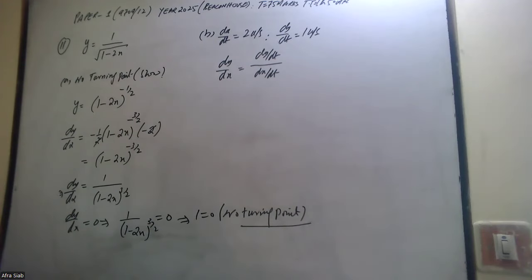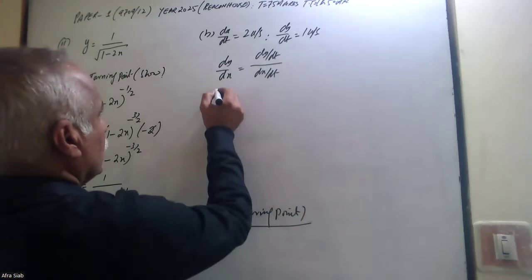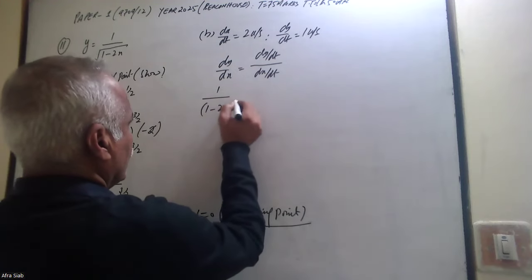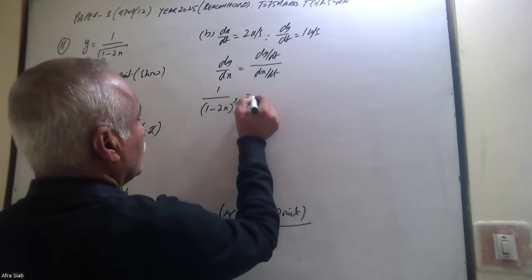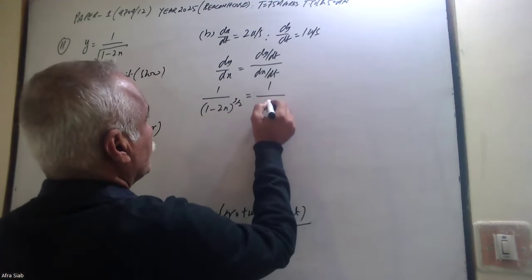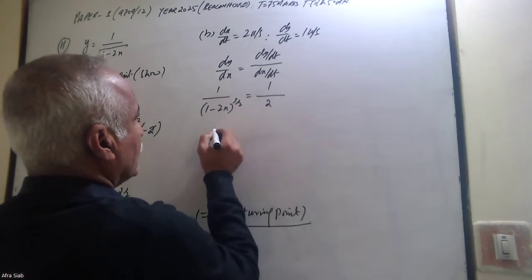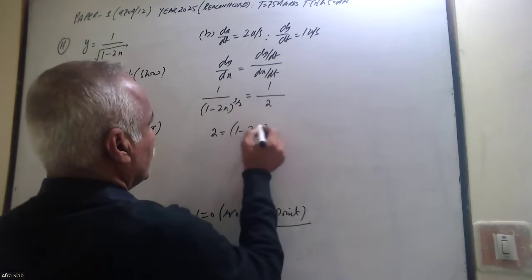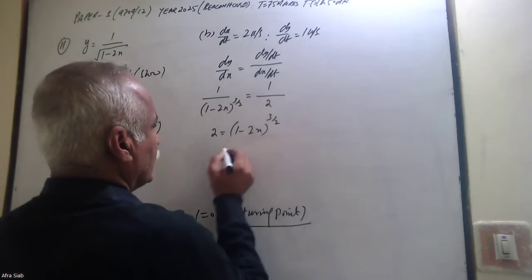But dy by dx is given as 1 over 1 minus 2x power 3 by 2, which is equal to dy by dt, 1 unit, over dx by dt, 2 units. So that means what? 2 is equal to 1 minus 2x power 3 by 2.